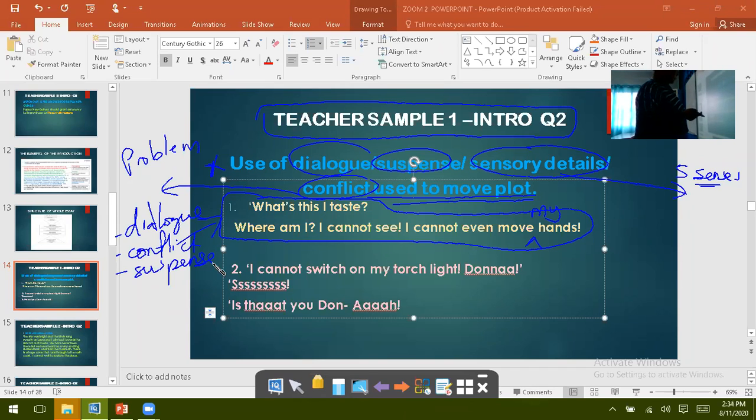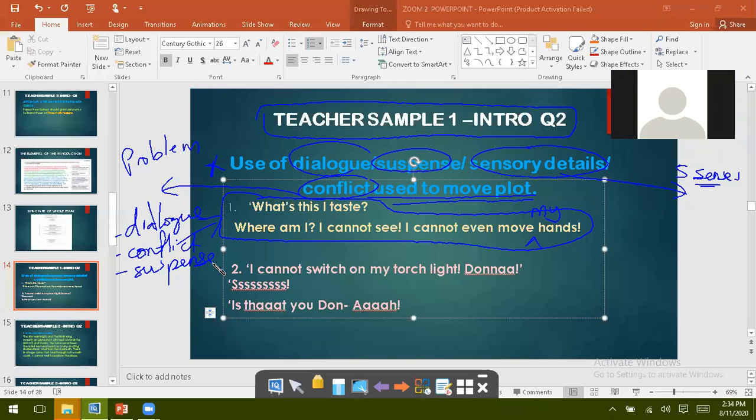You understand? So you can create suspense, you can create conflict, you can create dialogue. All these 3, or more than these 3, can all be woven into one part of the story. You don't have to separate.